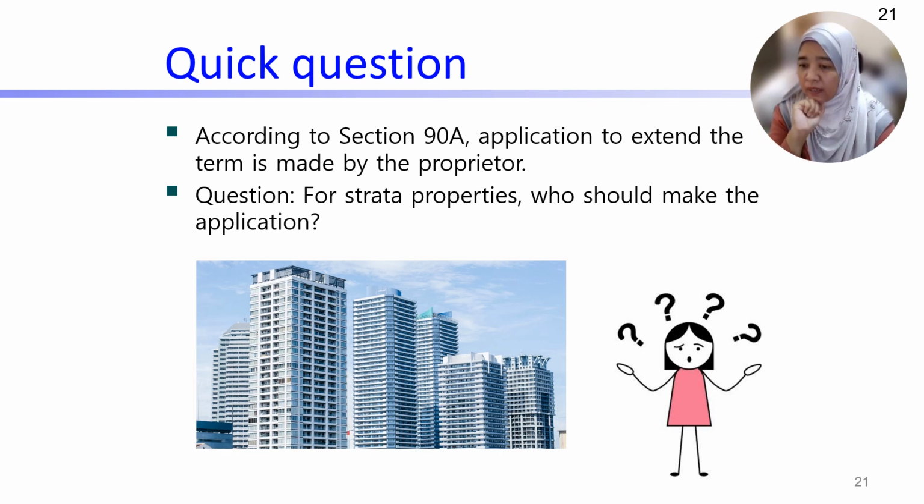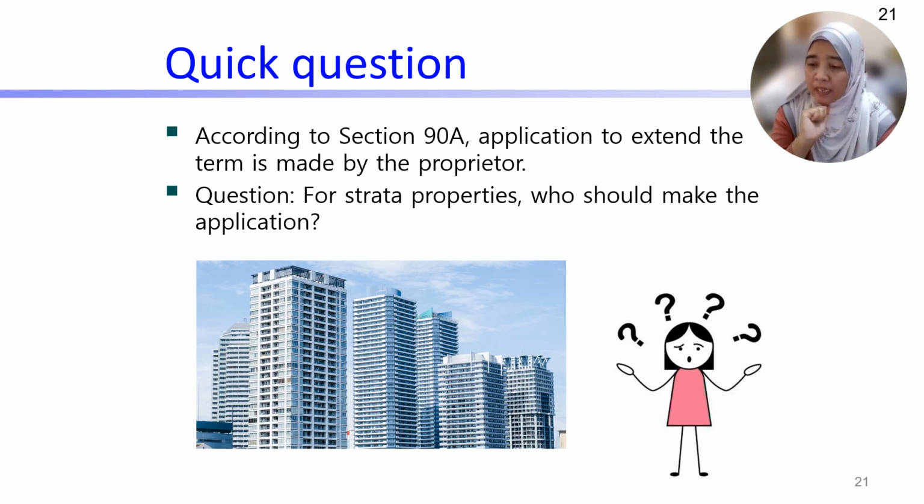Okay. So, this is just a preview lah of what you're going to learn under strata law next year. Untuk master lot itu, okay, nama yang akan appear on the title will be the Perbadanan Pengurusan, will be the Management Corporation. And who is the Management Corporation? Management Corporation to everyone, all the strata proprietors, all the strata owners. So essentially, okay, the party who will make the application is the MC, which is the Management Corporation on behalf of all strata owners.